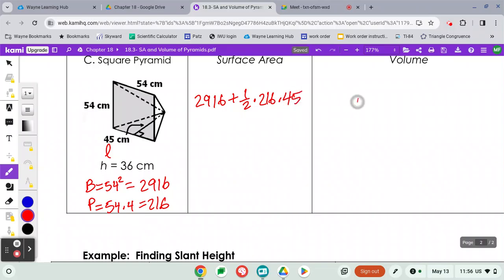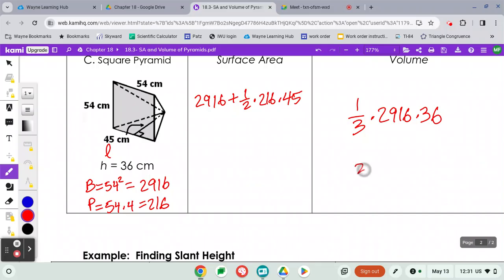Meanwhile, our volume, 1/3 times the area of the base times the real height, which is not on our picture, but it tells us is 36. Does anyone think they know the answer? It's a big number. 34,992.